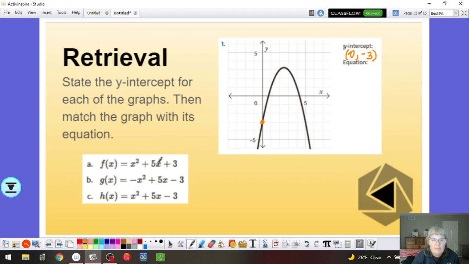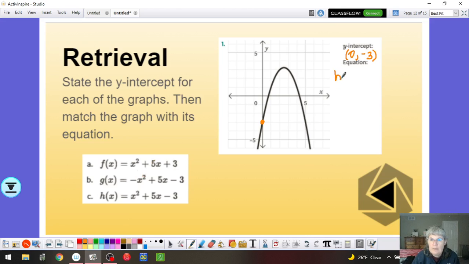If I look at my equations, I see that 2 of them have a -3. Everything else is the same except one of them is a negative x squared and the other is a positive x squared. Well, if you remember, when your parabola is upside down like this, when it's flipped, it's going to be a negative on the first term.